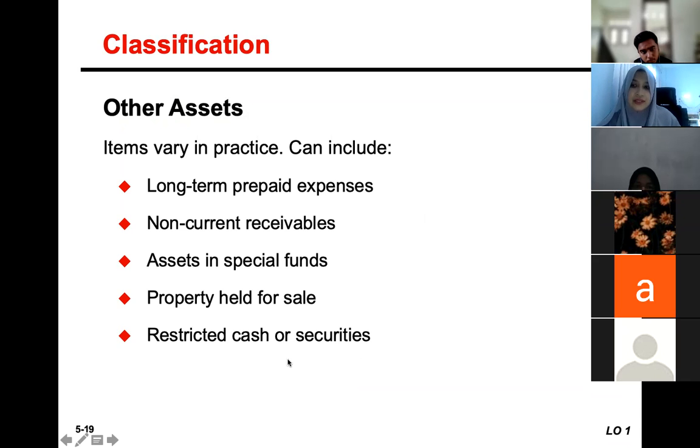When they say restricted cash, it means a certain amount of cash already allocated for certain purposes. So that amount of cash has to be taken out from the normal cash amount. Kalau cashnya kita tampilkan di current asset as a cash, this restricted cash has to be separately disclosed in other assets.